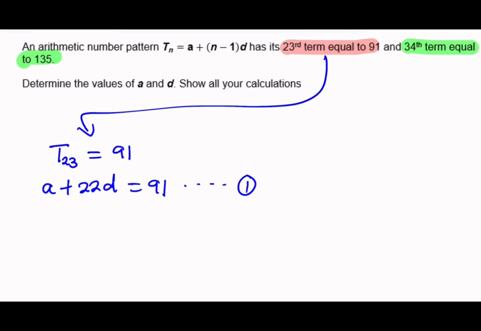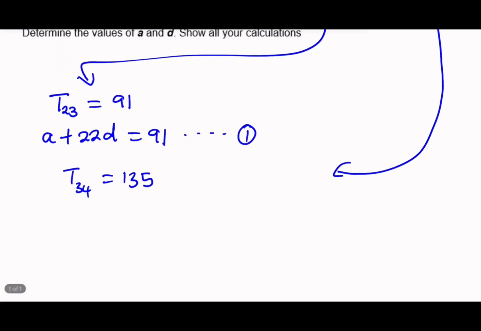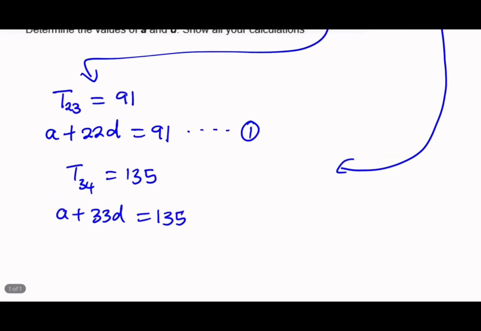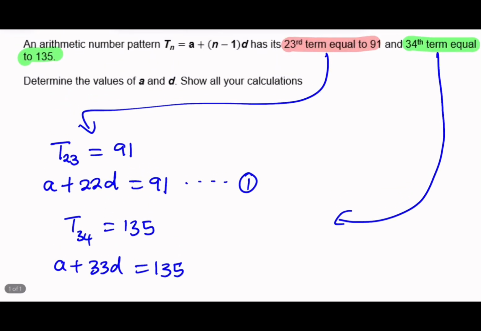We can use the other part to create the second equation: T34 equals 135, which means a plus 33d equals 135. That's using the same information, and we've now created this second equation.